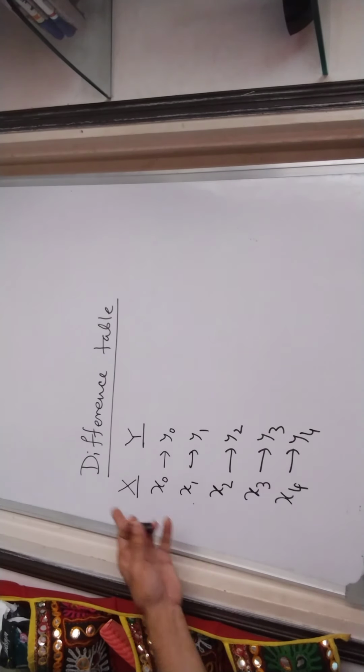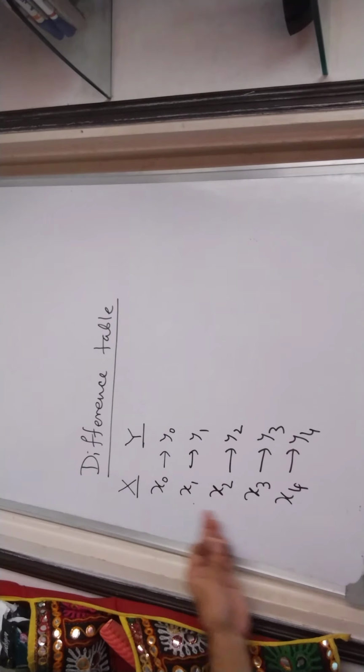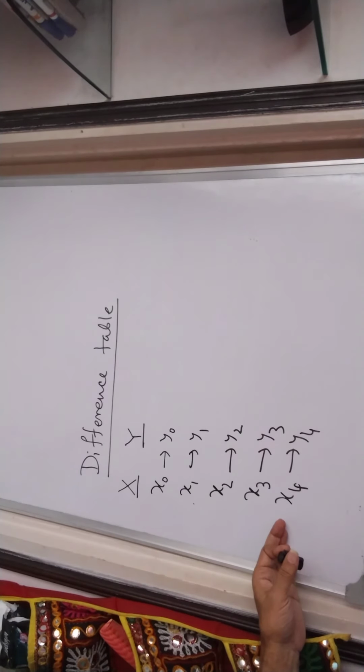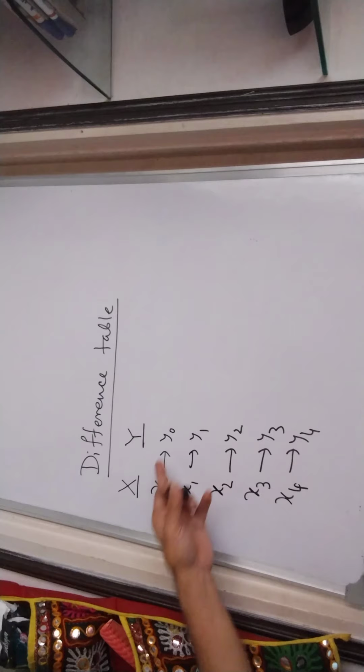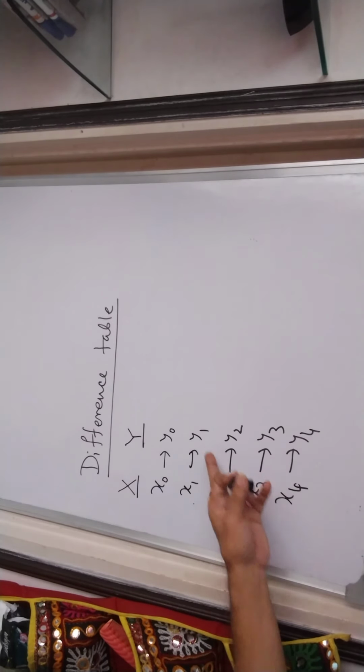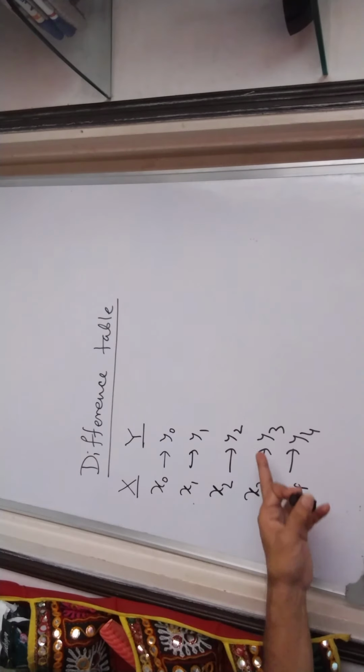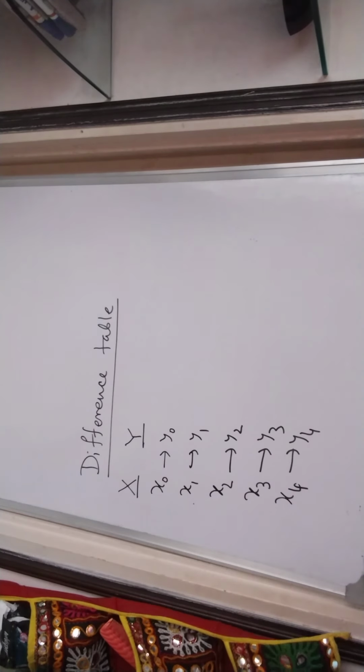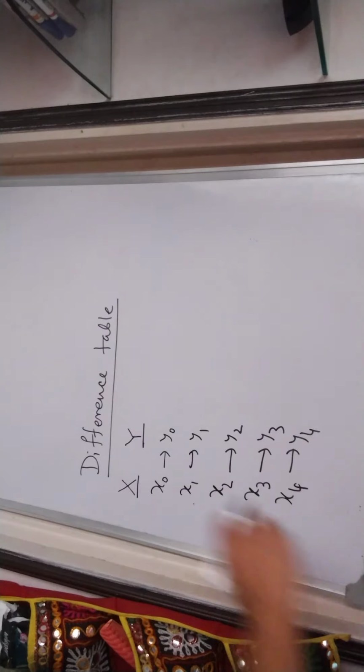Bivariate data, y depends on x, so we have a cluster of tuple points. x0 corresponds to y0, x1 corresponds to y1, x2 corresponds to y2, x3 corresponds to y3 and x4 corresponds to y4. Now from this tabular data we intend to find the difference table.